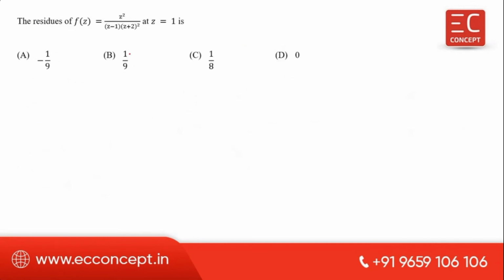Now, the residue of f of z is equal to this at z is equal to 1. This is very simple. Now the residue is written as f of a. So f of a is equal to z square divided by (z minus 1) into (z plus 2) the whole square, into (z minus 1), that is the residue at z is equal to 1. At z is equal to 1 you have to write z minus 1.